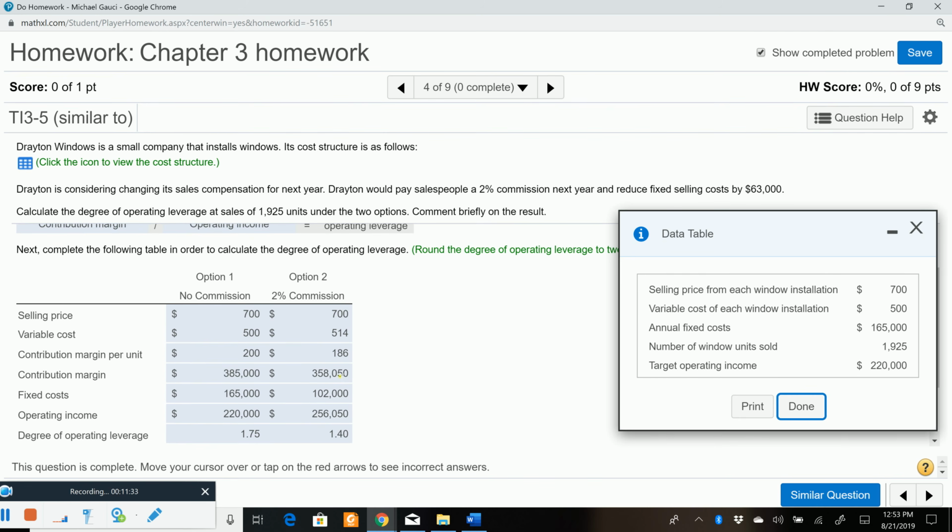But what is the trade-off to that? The fixed cost with no commission, as we were told in the far right-hand side, 165,000. But with the 2% commission, what did we say we would reduce selling costs by? And I'm highlighting it up here. If we had the 2% commission, we're going to reduce selling costs by 63,000.